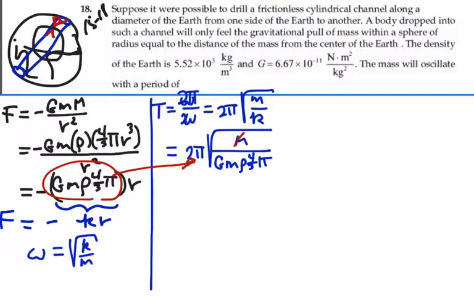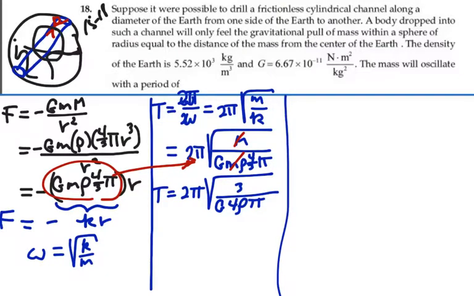The m's will cancel out, and we have then that the period is equal to 2 pi times the square root of 3 over G times 4 times rho times pi. All right, we know all these numbers. Let's try them out and see what we get.